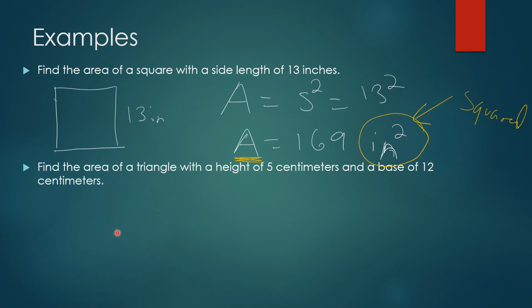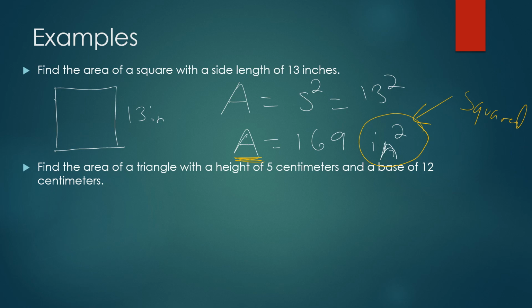Okay? But that's the area of the square. Nothing else to it. Now if we were to use the area of the rectangle to find the square area, we would still just multiply 13 by 13 because it's still length times width.